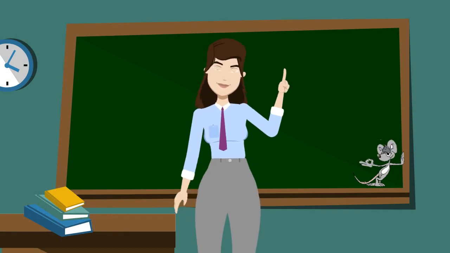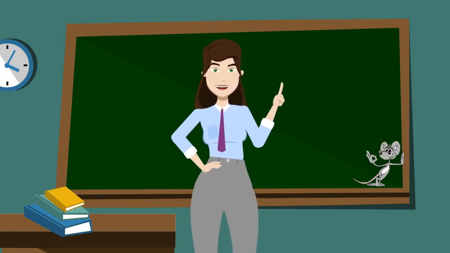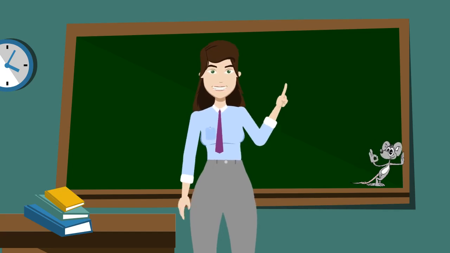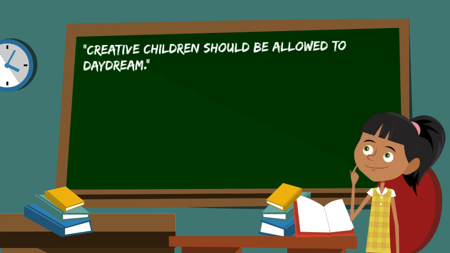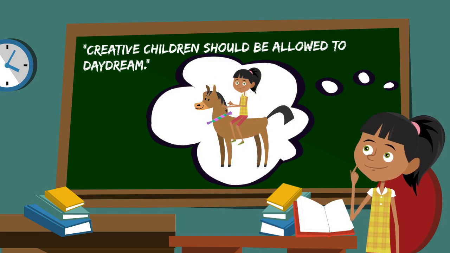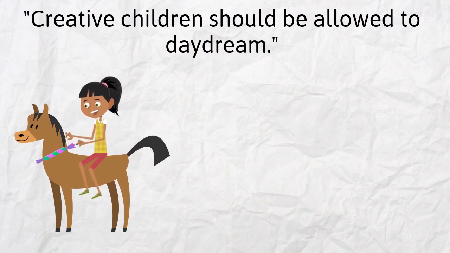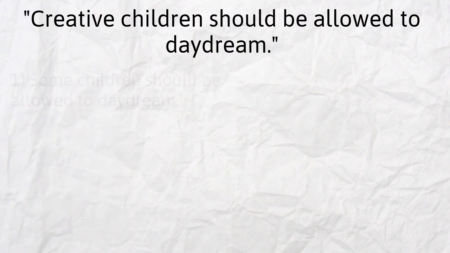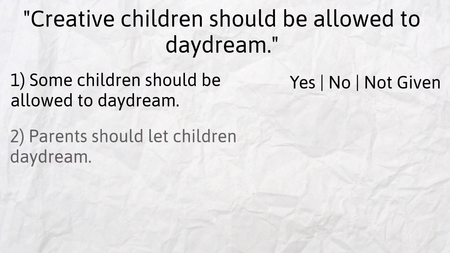Let's look at how paying attention to the little words can help when answering yes, no, not given questions. For example, say your IELTS text is, creative children should be allowed to daydream. There are 3 yes, no, not given statements about this text. Some children should be allowed to daydream.